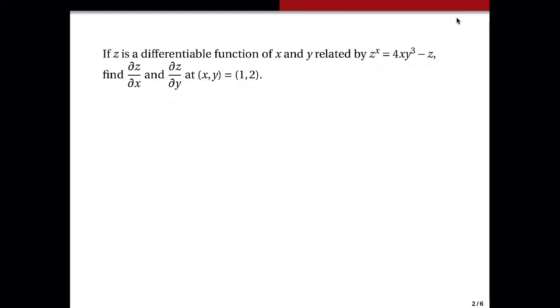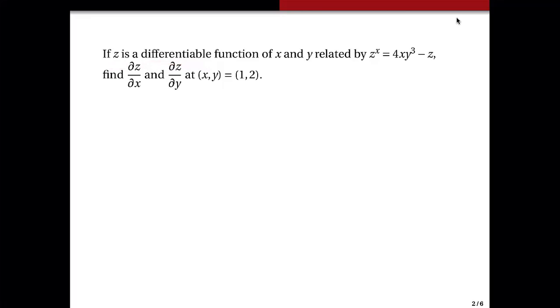Okay, so first, look at this. We are assuming that z is already differentiable. So because of this, maybe we can use the techniques that we already know. We just extend what we know in getting derivatives of functions in one variable.